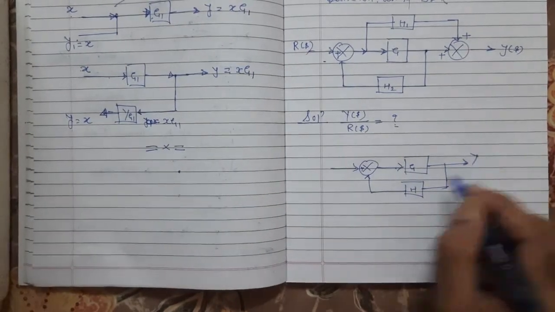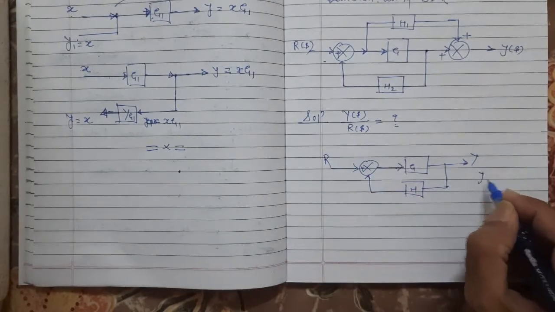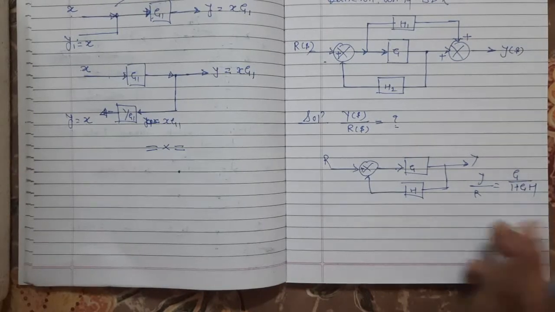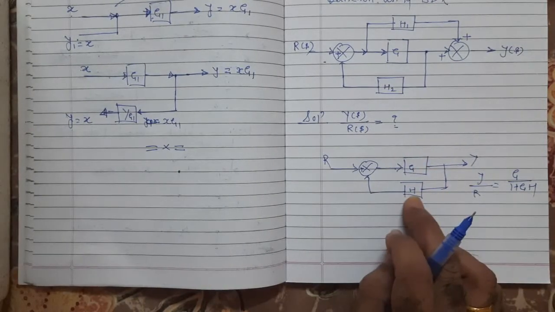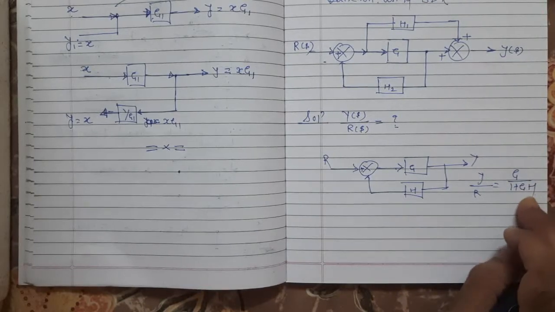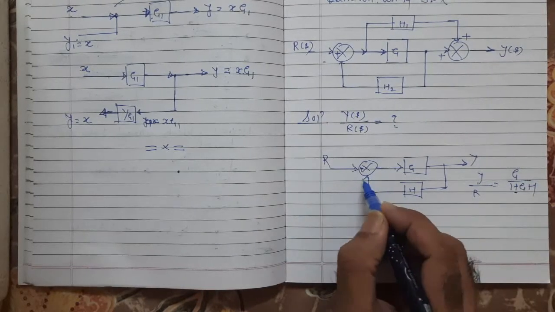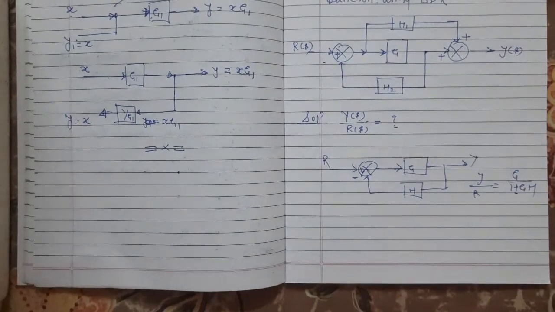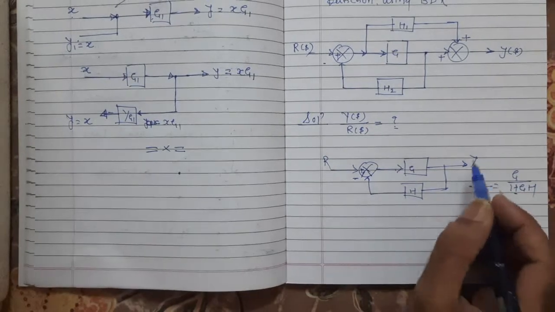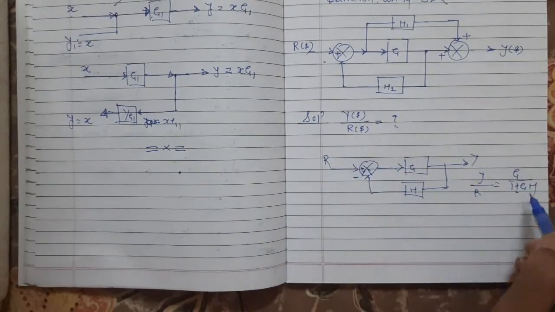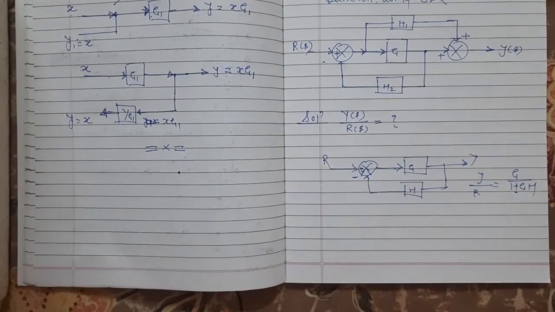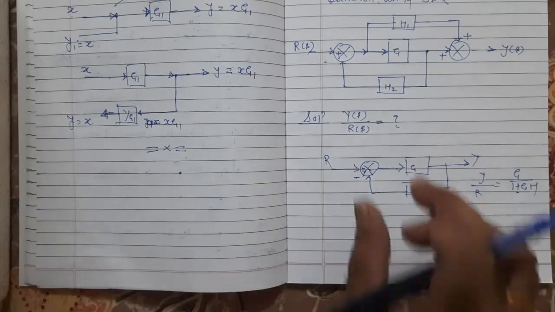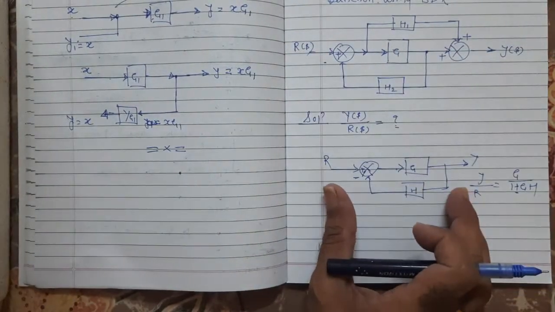This is Y and this is R. So Y divided by R equals G divided by 1 plus G into H. G is the gain of the open loop system, H is the feedback. Here it is plus because we have assumed the feedback is negative. So if the system is in this form, then we can directly write down the transfer function. We know the formula, Y divided by R equals G divided by 1 plus G into H. So whatever system is given, we have to convert it into this format.